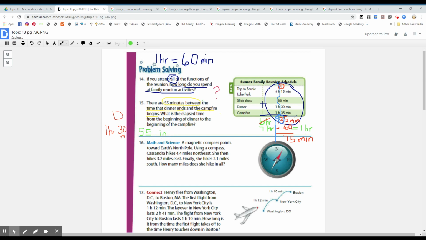Okay. The next thing they asked us to look at was, and the campfire begins. Okay. Campfire, this is how long the campfire is going to take. So we can write that. Might as well write that now. Okay. And it is capital C for campfire. And it is 1 hour and 35 minutes.